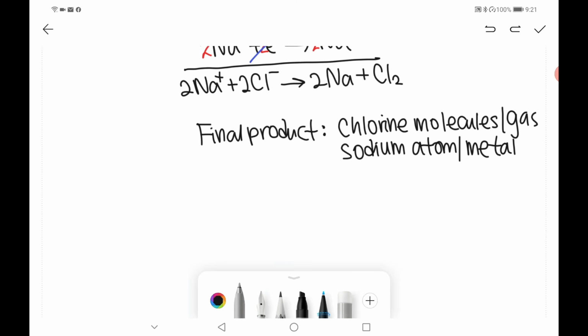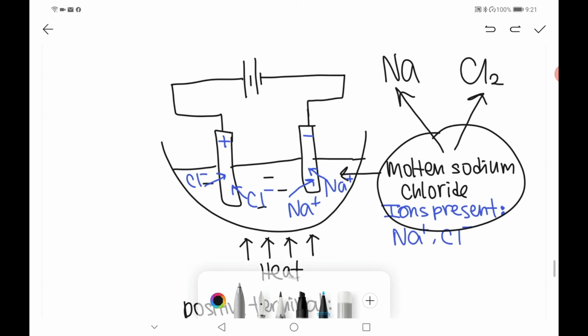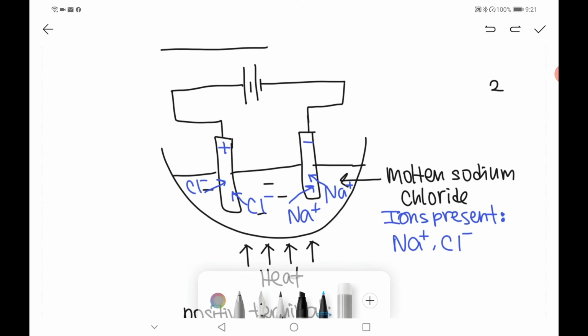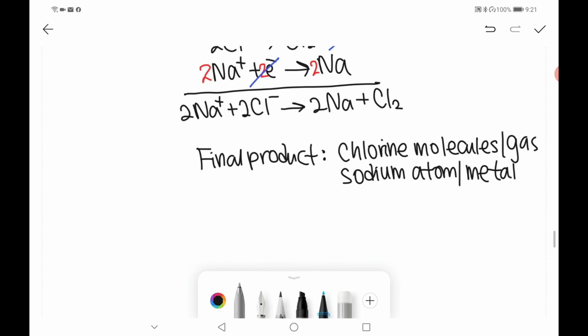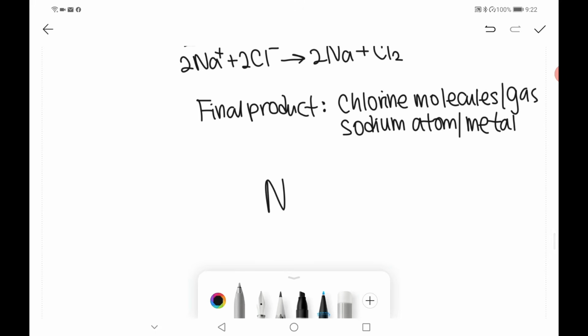So this is exactly what electrolysis does. Electrolysis is used to break down substances. We use electricity to break down the substance.